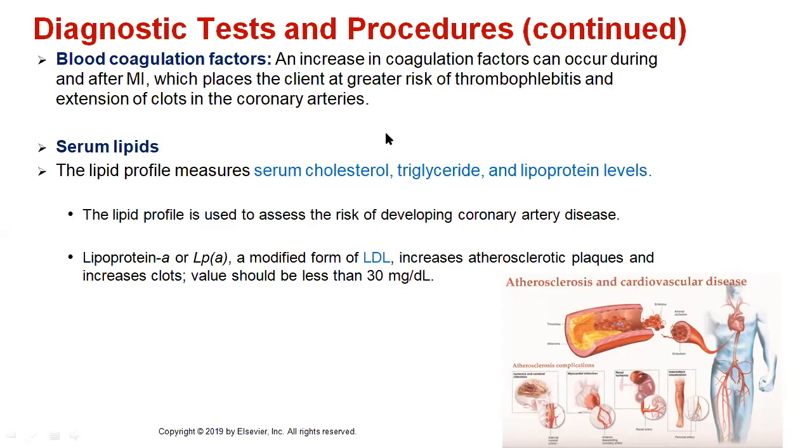LDL is a bad cholesterol, right? But HDL is a good cholesterol. HDL removes the bad cholesterol from the heart to peripheral tissue. They work as a scavenger.